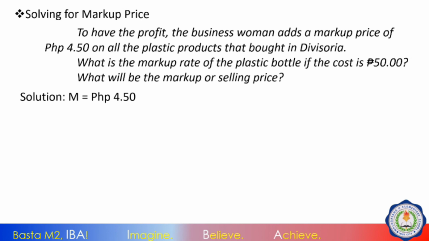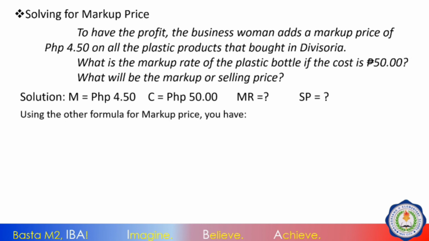Here is the solution. M, or the markup, is 4 pesos and 50 centavos. C, or the cost, is 50 pesos. And we are now finding the markup rate or the MR, also with the SP or the selling price.